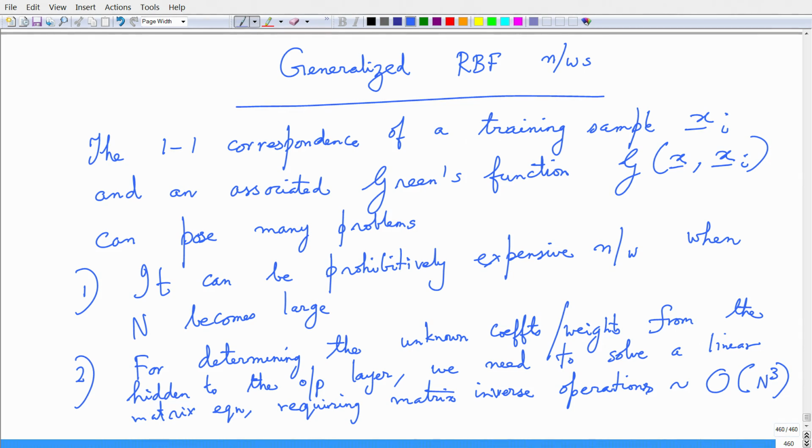Therefore, this is quite complex, it is prohibitive.